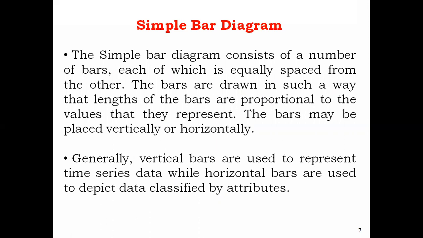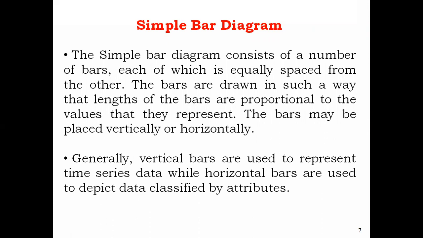And these bars are drawn in such a way that lengths of the bars are proportional to the values that they represent. The bars may be placed vertically or horizontally. I am giving only a simple theory for you, because those who don't know about this can just read this and understand what a simple bar diagram means.